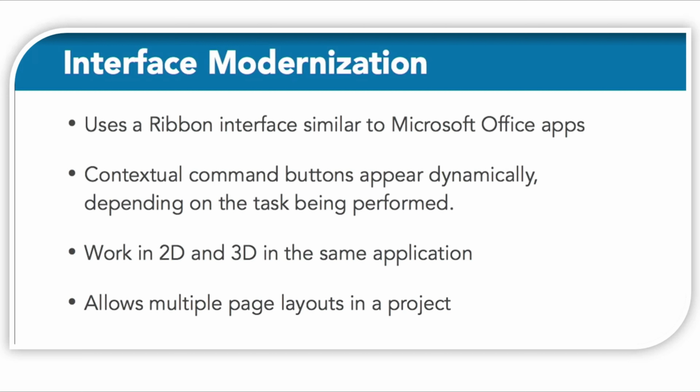If you start working in 3D, for example, additional ribbons will appear that hold tools related to the added dimension. If you select a feature in the table of contents, you will see ribbons appear to edit the symbology for that feature. By minimizing the commands on the screen at any one time, the user interface is simplified, which gives you more room to work.